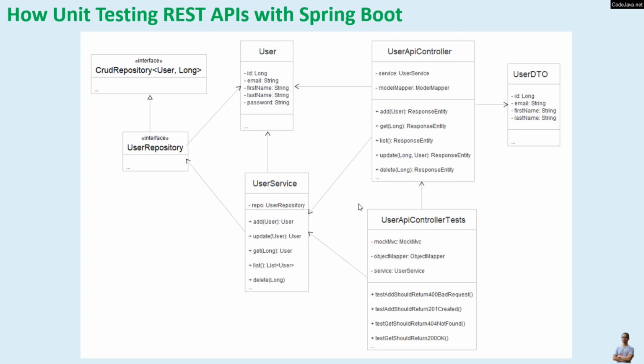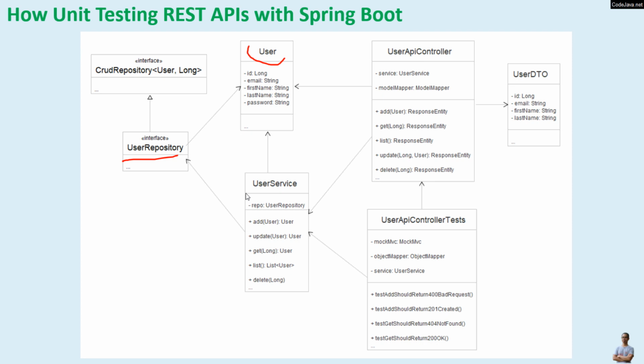Next, let's understand how to do unit testing REST APIs with Spring Boot and related technologies. Suppose that we have a Java Spring Boot project that implements some REST APIs for user management like this. In the repository layer, we have the user entity class and the user repository interface.